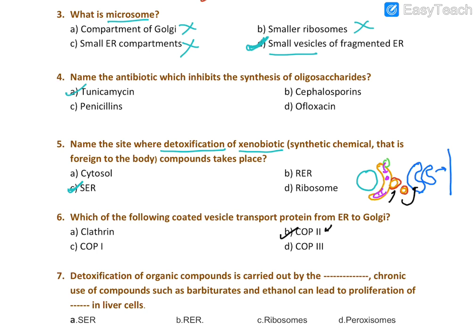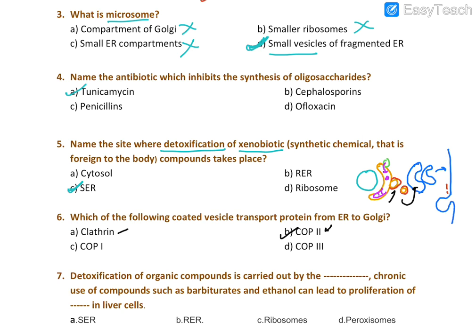If you take clathrin, it's a type of protein that helps in the formation of endosomes. Whenever a particle should enter into the cell, there will be clathrin that helps in the formation of the endosome. The plasma membrane invaginates and forms a vesicle.